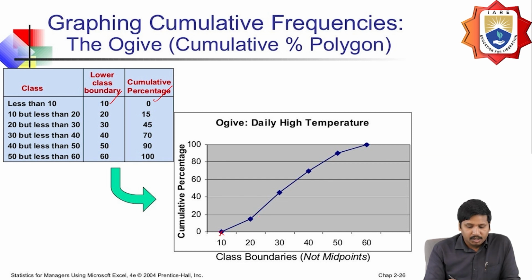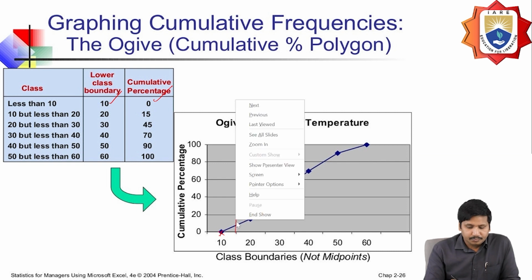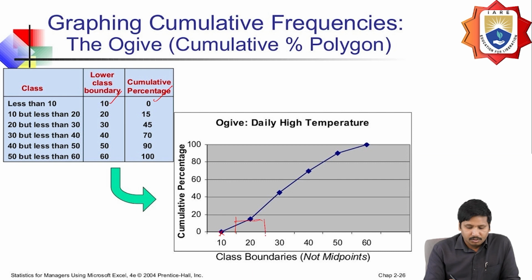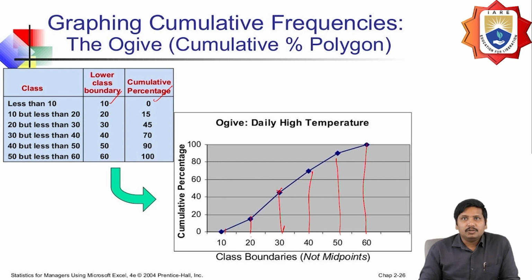Then 20 and 30, and 30 to 40. The lower boundary value is 20 for 15, and then for 30 it should be 45, for 40 it should be 70, for 50 it should be 90, and for 60 it should be 100. Once you join all this, you can get the ogive, based on the cumulative frequency.